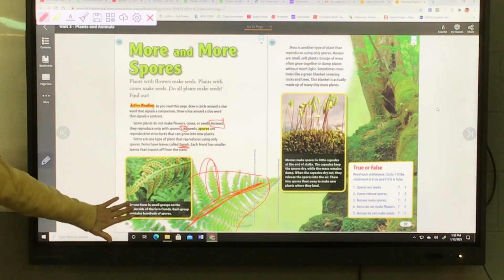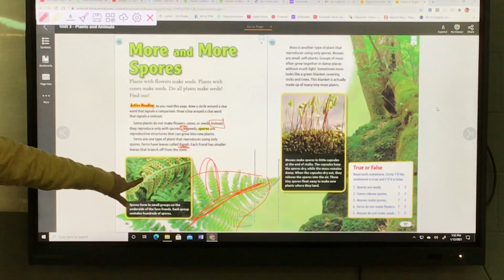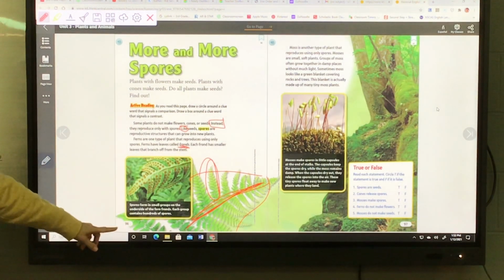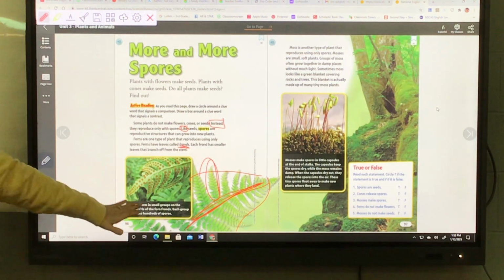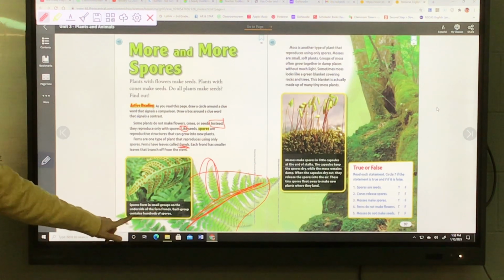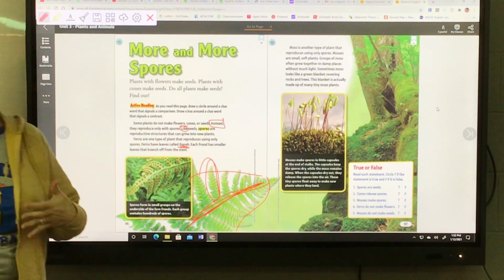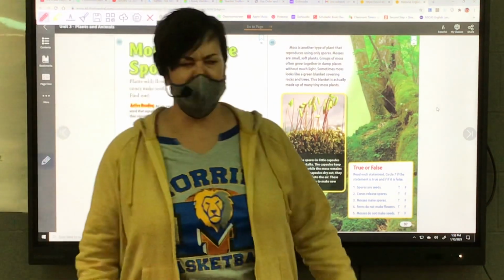Okay? So if we look even more zoomed in this picture here, do you see the caption in the black down there? Says, spores form in small groups on the underside of the fern fronds. Each group contains hundreds of spores. So, do ferns grow from seeds?